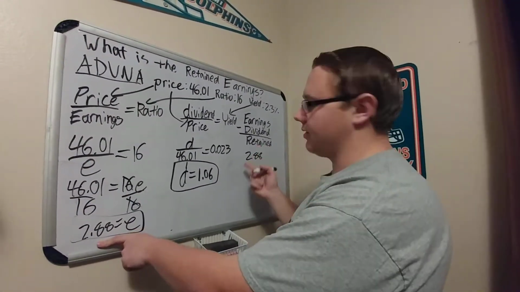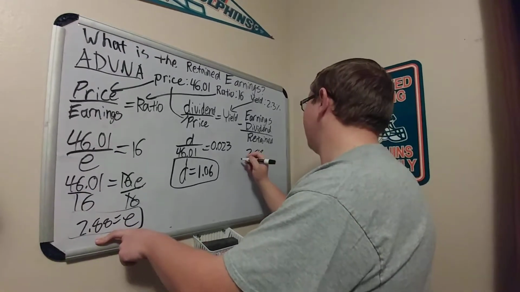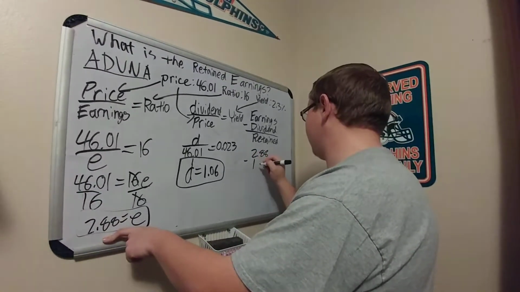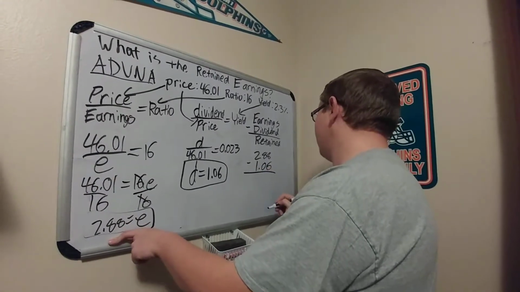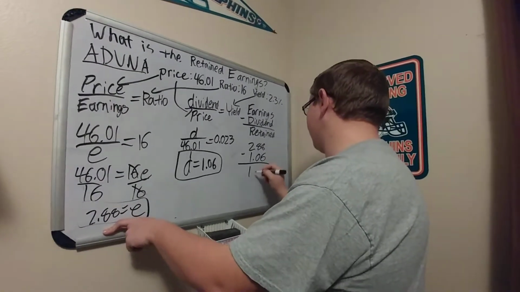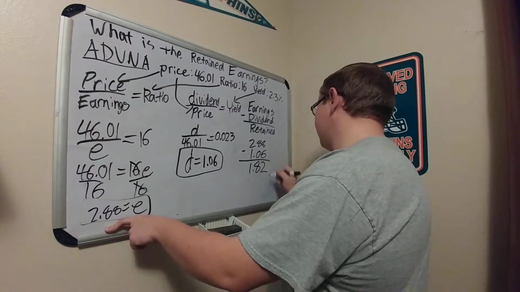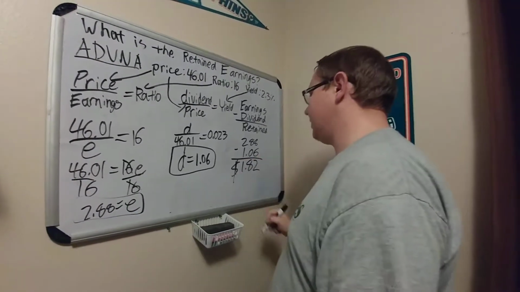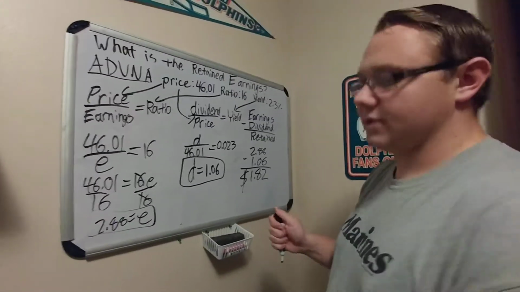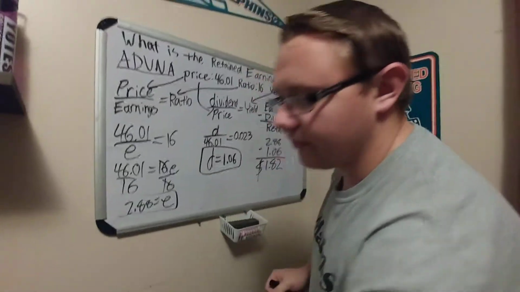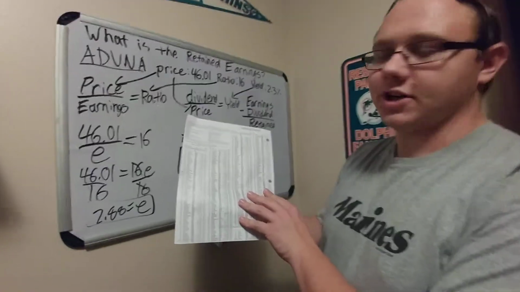This is all dollars, right? I'm just really lazy. Minus our dividend of 1.06 is going to get us our retained, which is $1.82. There we go. So that is how you find retained earnings using only what has been provided on our stock sheets. Thank you.